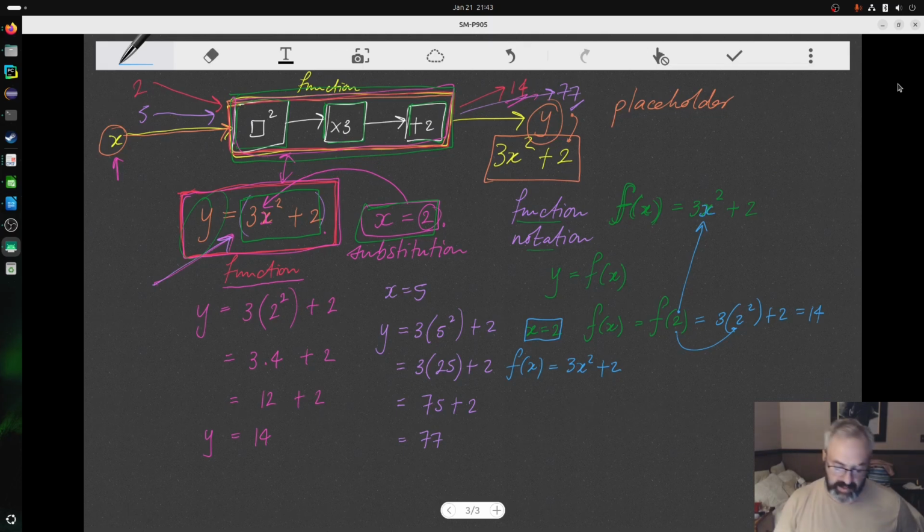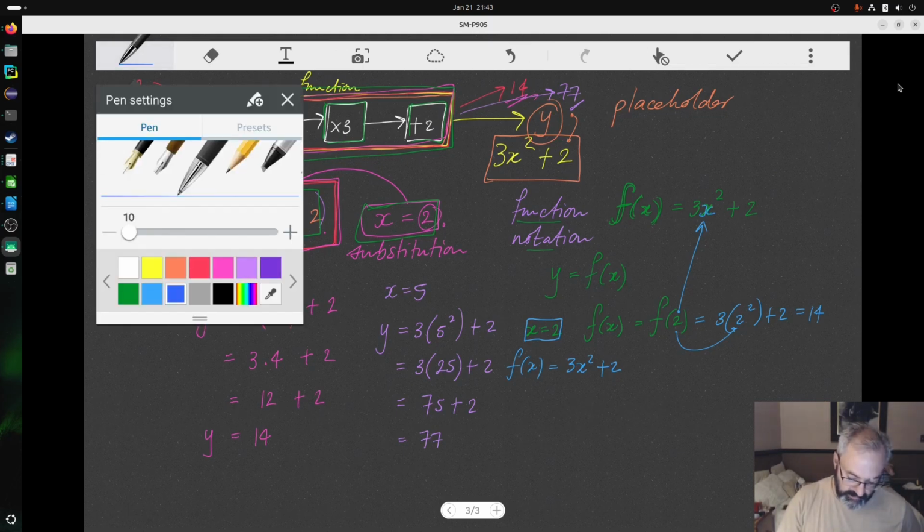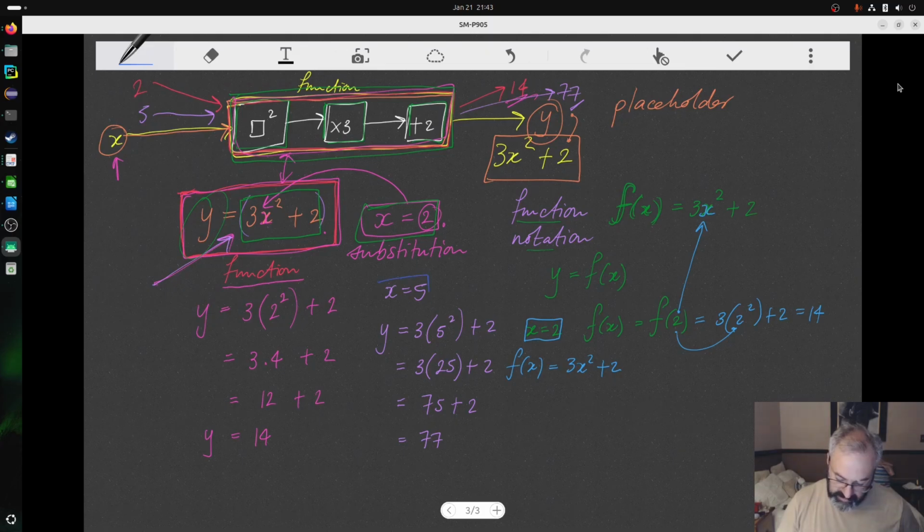And if it was the case where x was equal to 5, the function where x is equal to 5 will be 3 times 5 squared plus 2, and that's going to be 77, the same as the calculation that we did right here. Does it make sense?